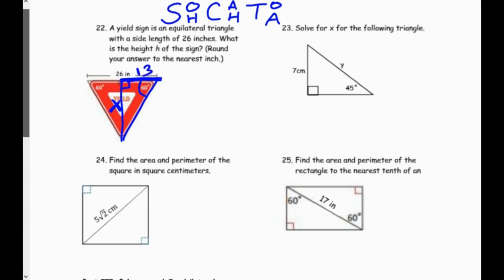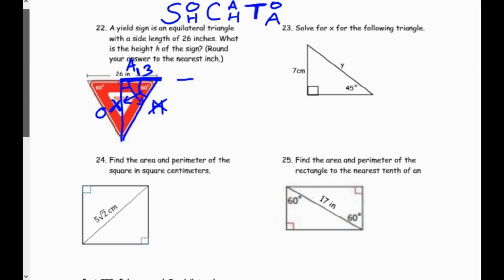Okay. So it's been a while, but you got to remember to label O, H, and A. So across from 60 is my O, across from 90 is my H, and then the leftover is A. Now looking at O, H, and A, which one am I not going to use? H. So I look at OA, and I'm reminded OA is TOA, T-O-A.